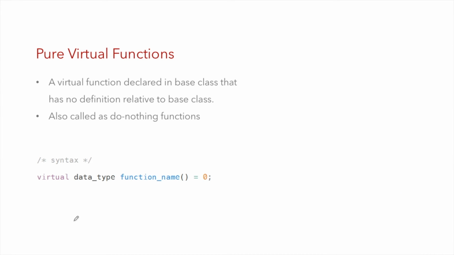In such cases, what you can do is write pure virtual functions, which technically do not have any definitions, but they can have certain declarations. That can be denoted something like this, equal to 0 semicolon. Pure virtual functions are usually called do nothing functions as well. They do not have any definitions inside of your base classes.